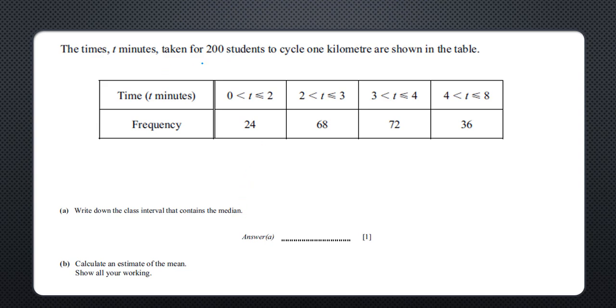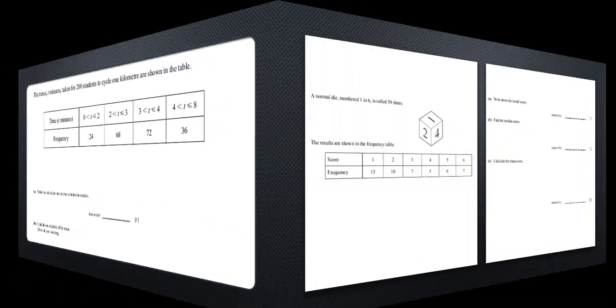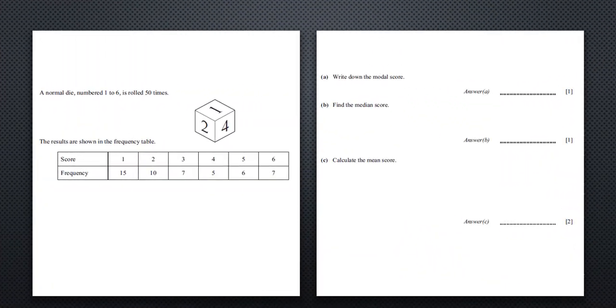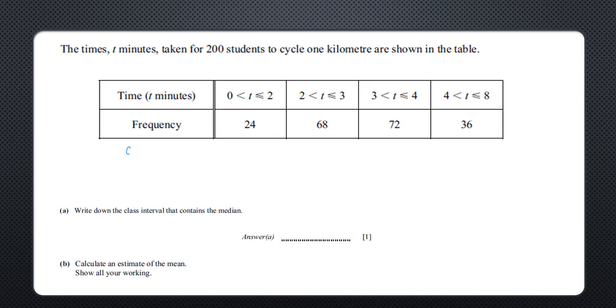So in this question, we have again 200 students who cycle 1 kilometer, the time intervals and the frequencies of the students. We need to find out the class interval that contains the median. So here again, we will actually have to complete this table in terms of the column of cumulative frequency of the table.